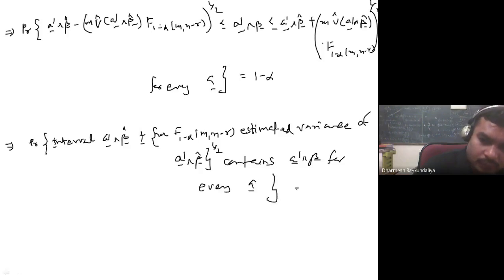And that probability is 1 minus alpha. So here we can call this equation star.